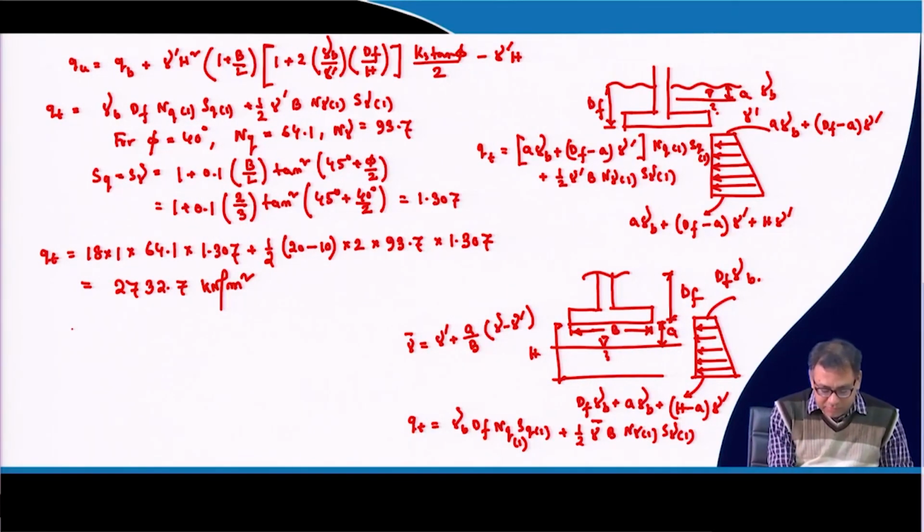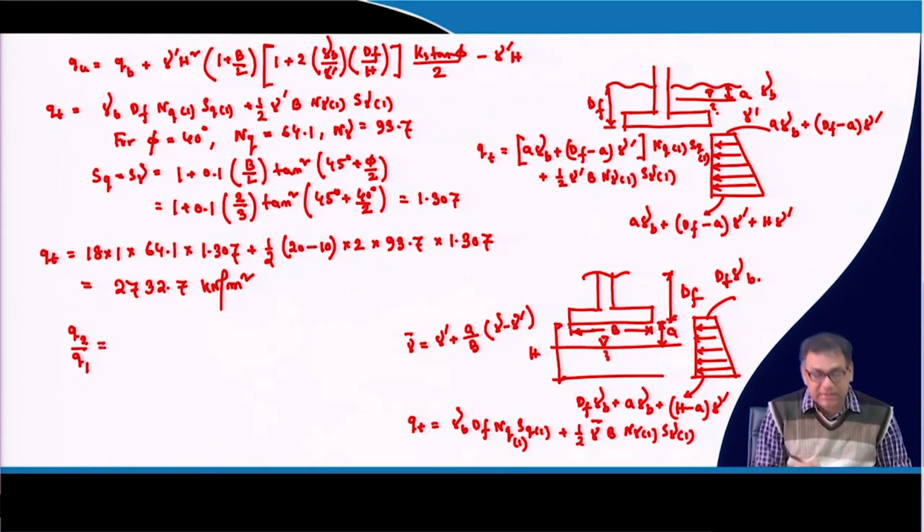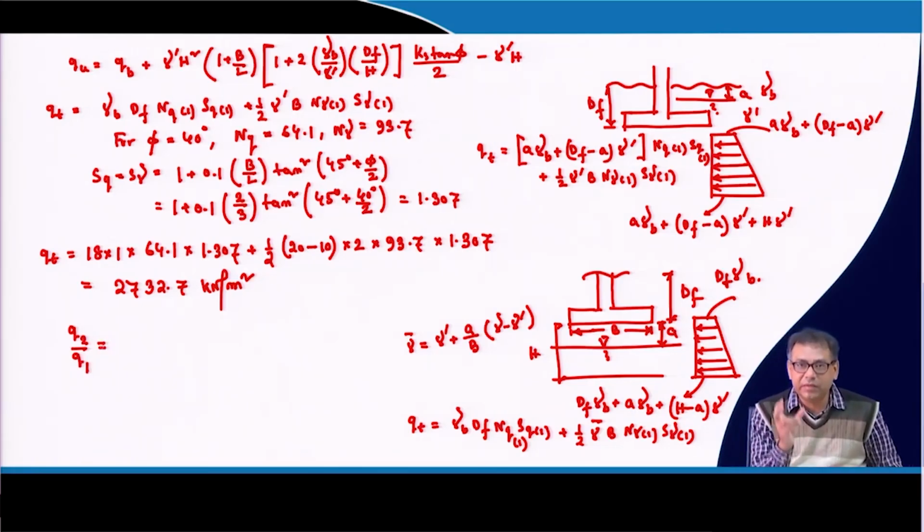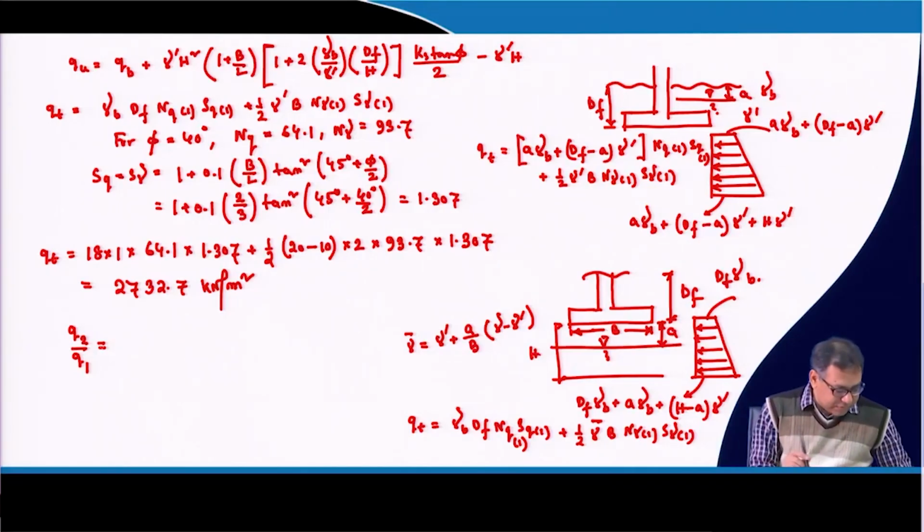Now, to calculate the Ks, you should know Q2 by Q1. And what is Q2? If a strip footing of width B is resting on the surface of the bottom layer, then the bearing capacity is called Q2. If a strip or continuous footing is resting on the surface of the top layer, when the width of the footing is B, then that is called Q1. So it is a strip footing.